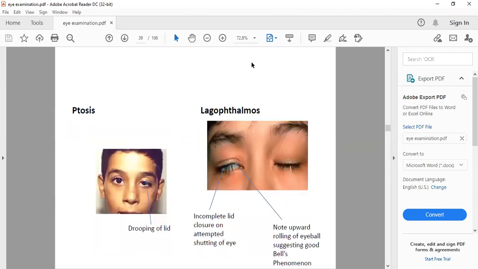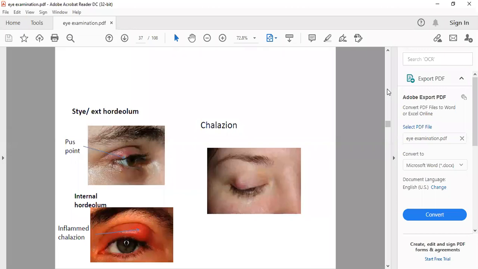Yeah, tell me. Sir, in internal hordeolum, is the red color compulsory every time? Red color is not compulsory. Understood? Just look at the symptomatology. The patient will complain of swelling since 2 or 3 days and there will be pain.